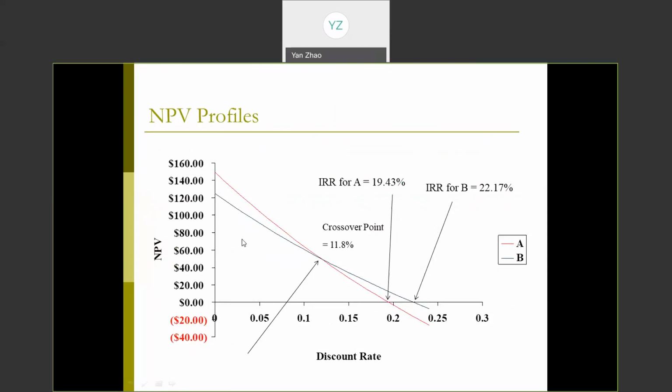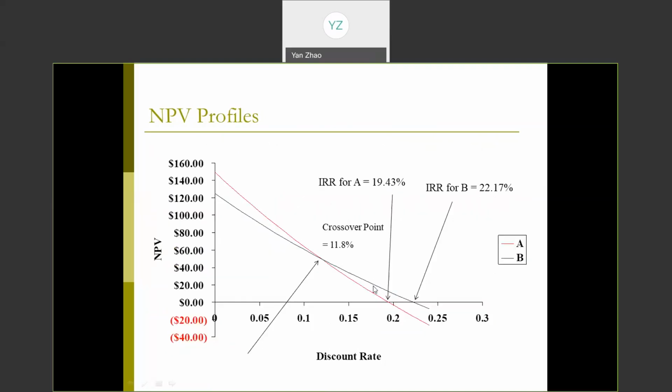Okay, because the slope of project A is different from the slope of project B, there is a crossover point, which is 11.8%. This is very important because this is the cutoff of people's preferences. Now suppose we have a company with a required rate of return of 5%. That company will prefer project A because project A will give you a higher net present value.